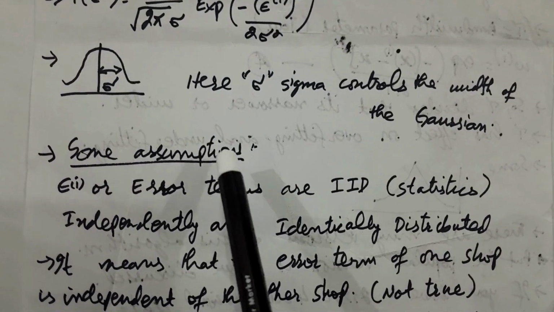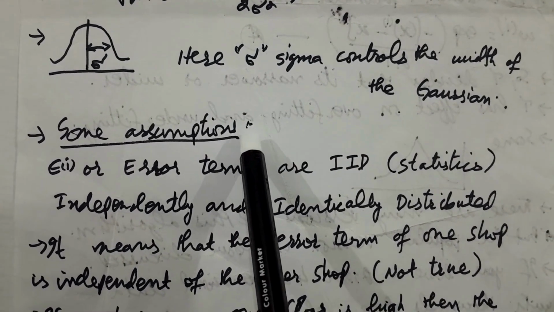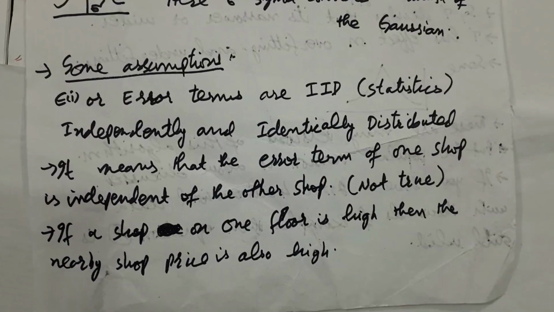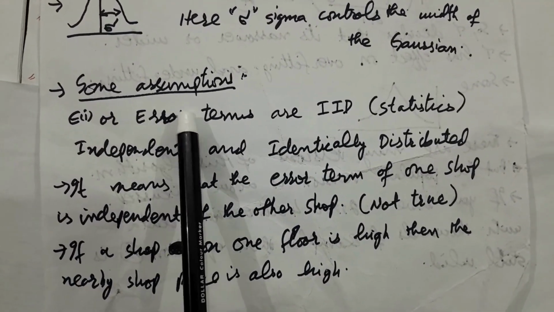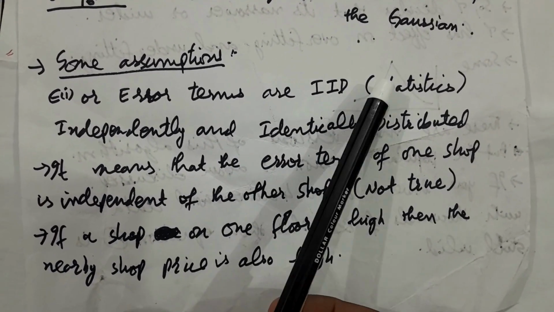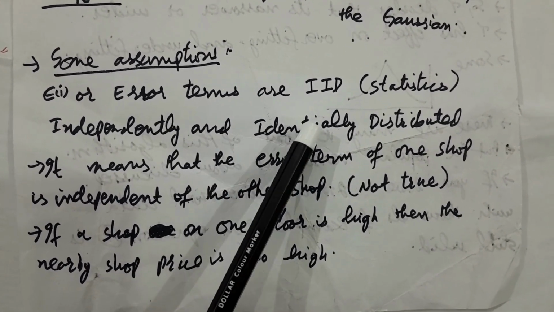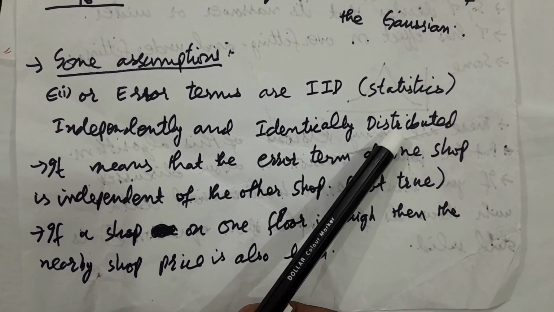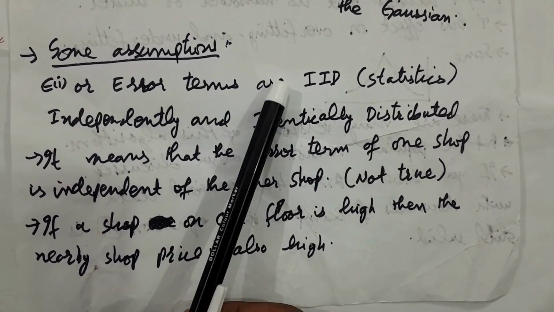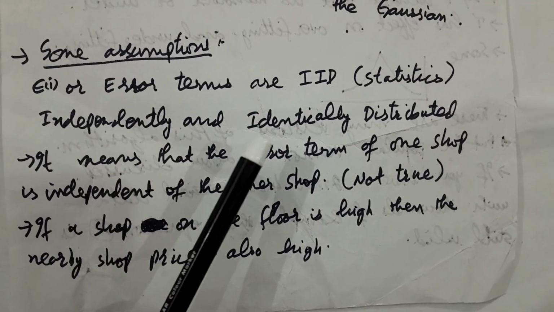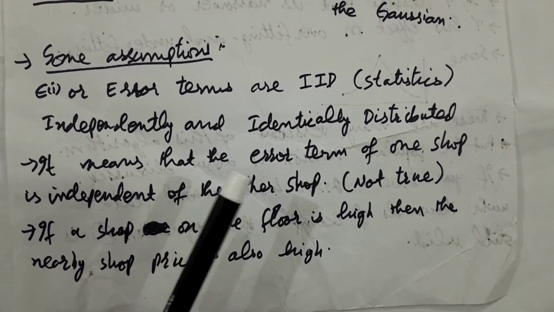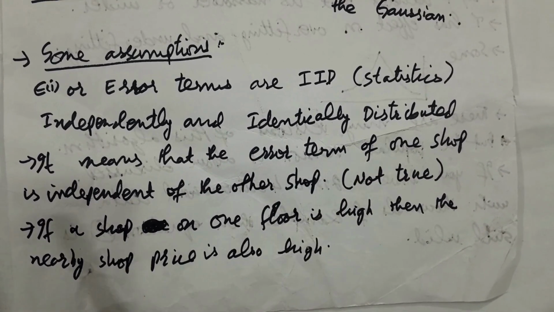Some assumptions are very necessary to use this. First of all, the error terms epsilon are IID, a statistics term meaning independently and identically distributed. That is an assumption. It means that the error term of one shop is independent of the other shop. That is not true.